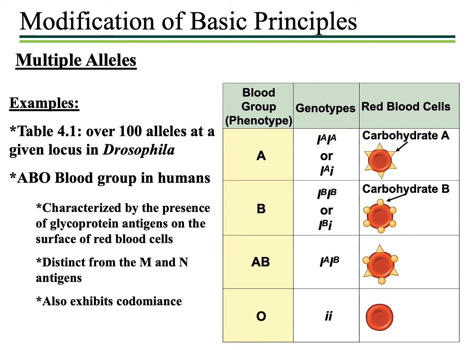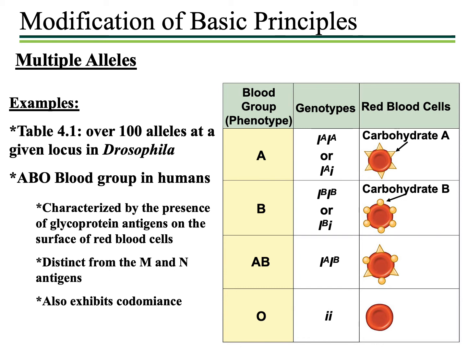But in nature, it's not necessarily always such a straightforward situation where there are only two alleles possible. In many cases, for many genes, multiple alleles have been identified. There is a table in your book, and I apologize if it is not table 4.1, that demonstrates an extreme case of multiple alleles, where over 100 alleles have been identified for a given genetic location in Drosophila.